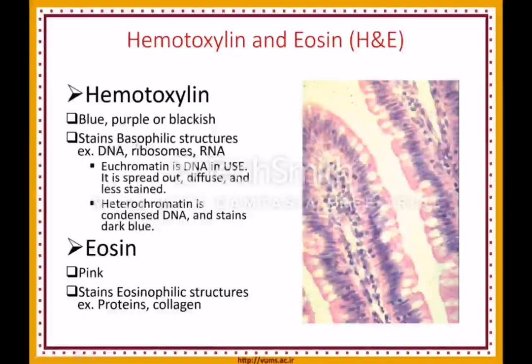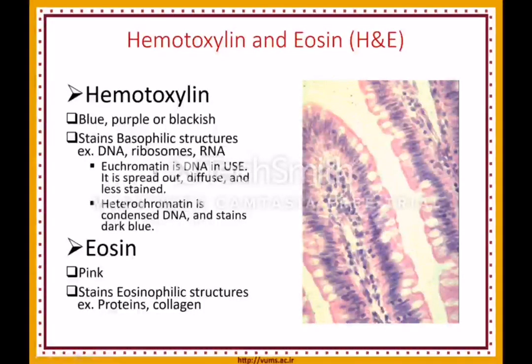It stains the basophilic structures of the cell, such as nucleic acids, deoxyribonucleic or ribonucleic acid, and ribosomes. The euchromatin DNA is spread out, diffuse and stains less, but the heterochromatin is condensed DNA that stains dark, which I explained in the cell session.